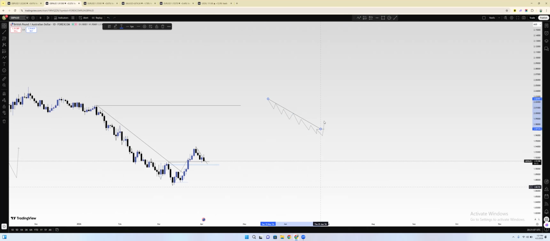Now, why is it a market structure shift? Because a continuous downtrend would not have taken out this lower high, because that's not the pattern of a downtrend. A downtrend would have given you another lower low and then another lower high, and then it would have given you another lower low.